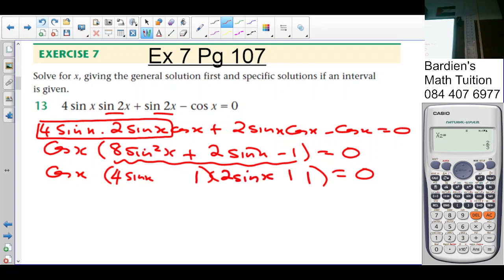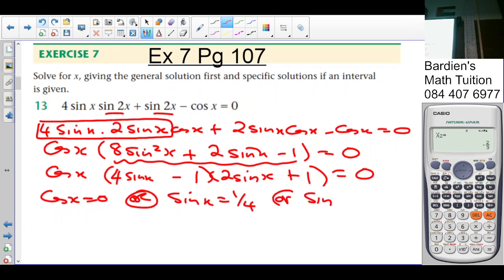The bigger one must be plus and minus. Okay? So there we then say cos x equal to 0 or sine x is equal to a quarter or sine of x is equal to negative 1. From here, general solution.